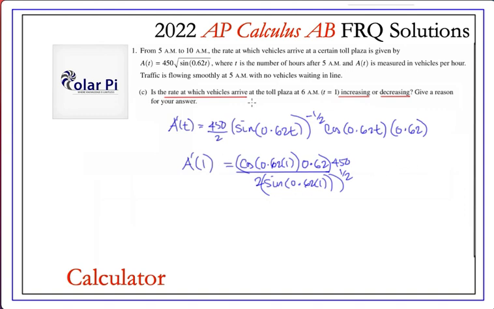To figure out what that number is: if it's less than 0, then it's decreasing, and if it's greater than 0, then it's increasing. And that's all there is to it.